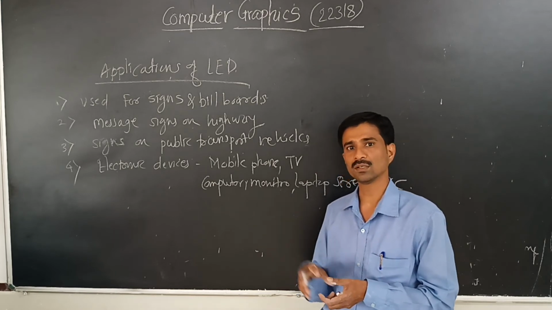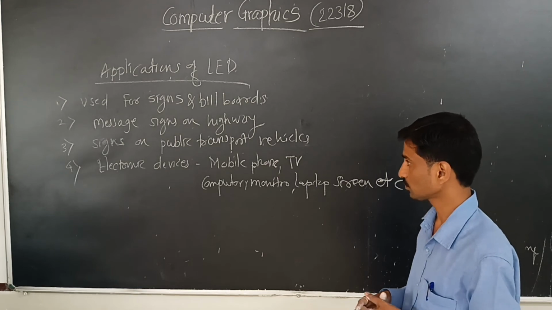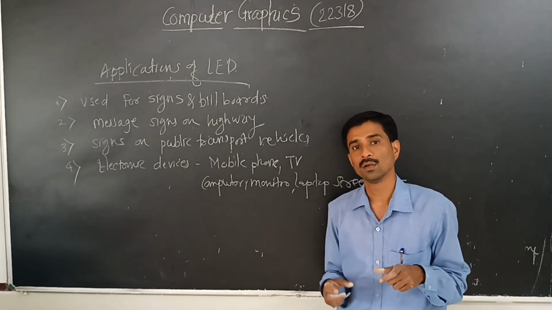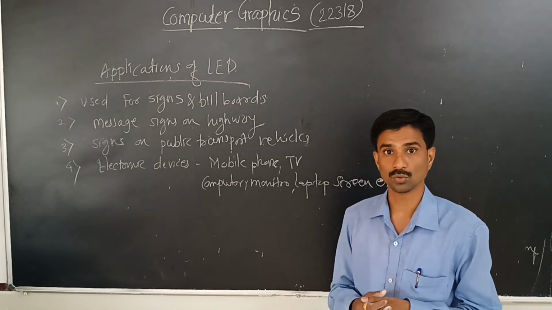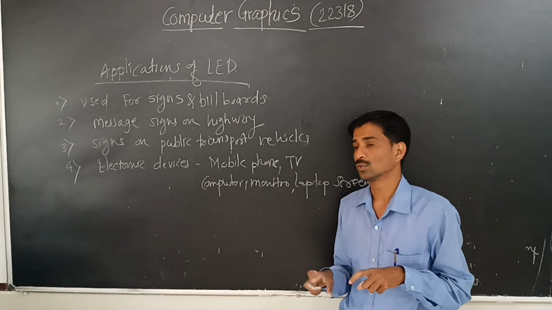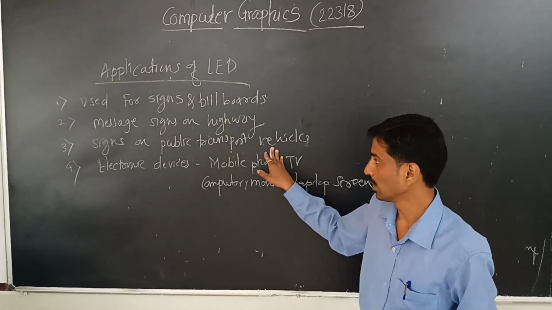So they are using LEDs on those vehicles, or displaying boards on a bus also. The different boards are made up of LEDs, so it can be used in transport vehicles.